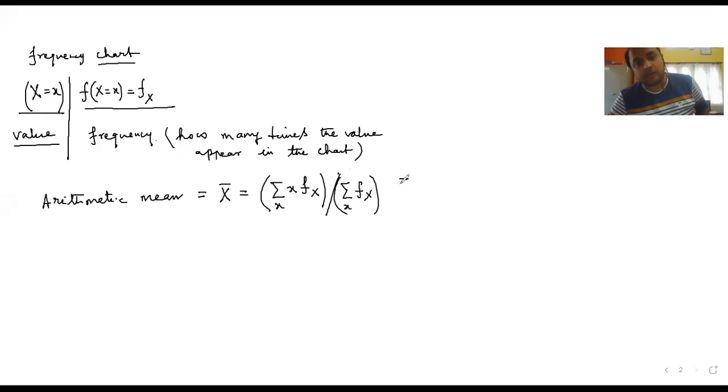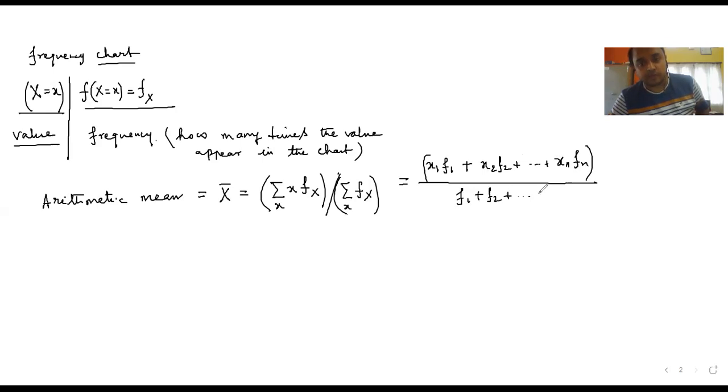Or if you want me to write it explicitly, this is the value multiplied by the frequency, plus the value multiplied by the frequency, and so on for n values, divided by the total frequency, f1 plus f2 dot dot dot fn. I think you can recall this particular definition. Probably you have studied it. Arithmetic mean formula everybody knows.